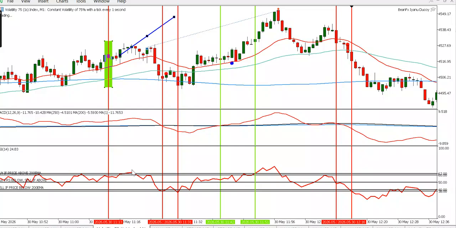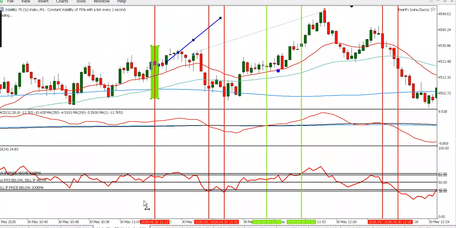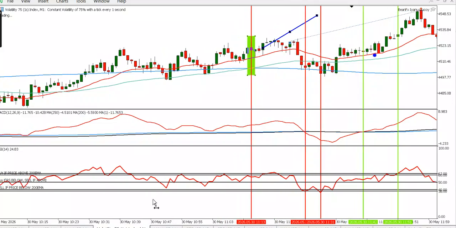And the dip is from above 62, it dips to 38. All right. Now, from above here, it dipped to 38, and from 38 here, it rose back to here, above 62.